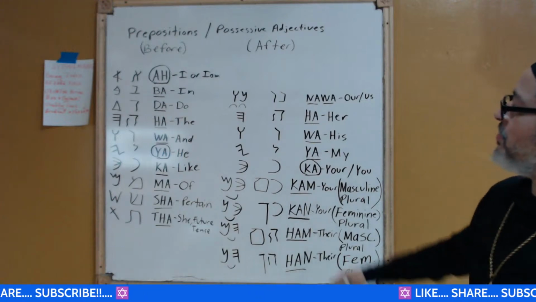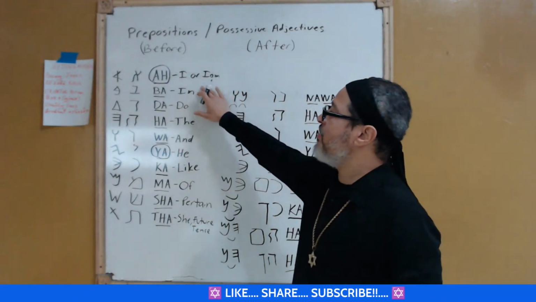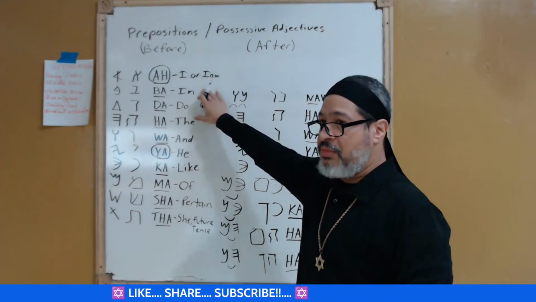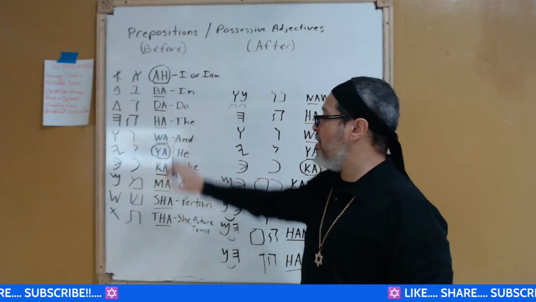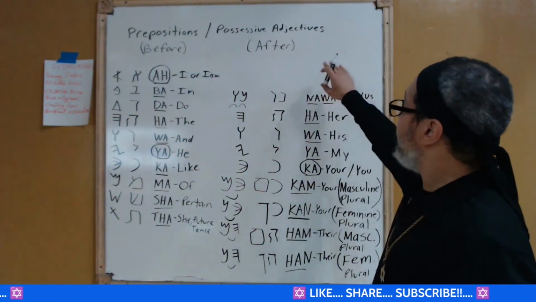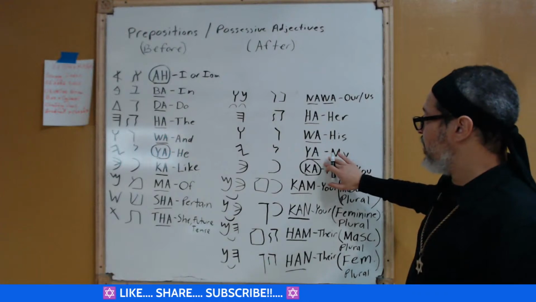So in these examples, I'm going to show you when this appears before a word, an ah and the ya. And I'm going to show you the ka when you see it after.